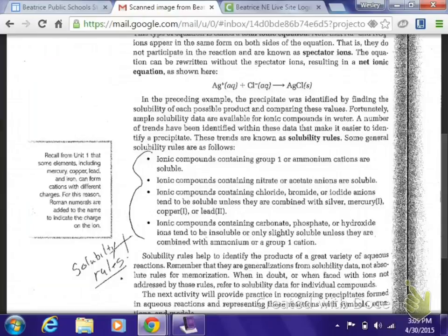Then the last bullet says ionic compounds containing carbonates, which would be CO3 -2, phosphates, PO4 is -3, and then hydroxide is OH -1. Okay? So if you're getting this video and watching it at home and you weren't here, then you're not going to be able to see what I'm writing above carbonate, phosphates, hydroxide. You just have to make sure that you look at your chart sheet.